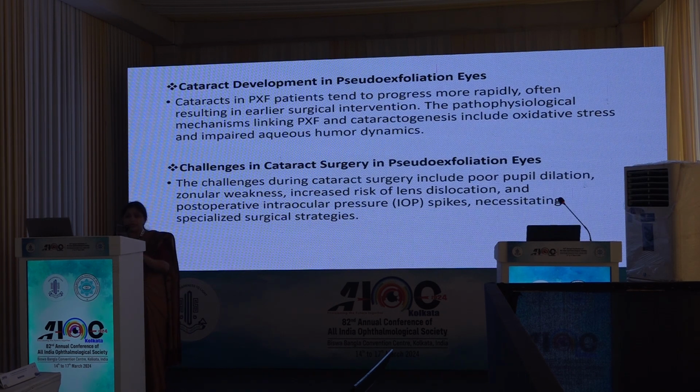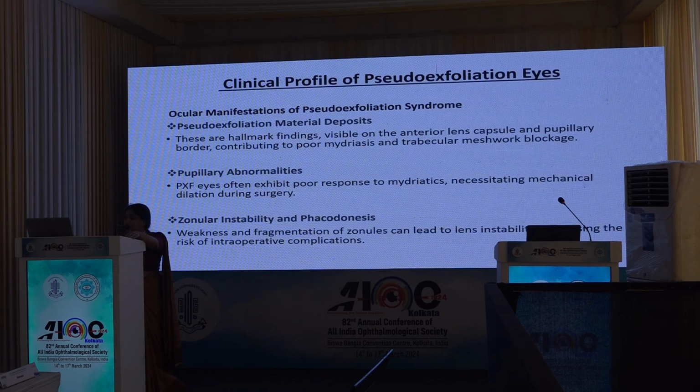Because many surgical challenges increase in pseudo-exfoliation eyes. First is poor pupillary dilatation. Second, zonular weakness, with an increased risk of lens dislocation. Third, postoperative intraocular pressure rise. So we have to devise some surgical strategies to deal with such cases.